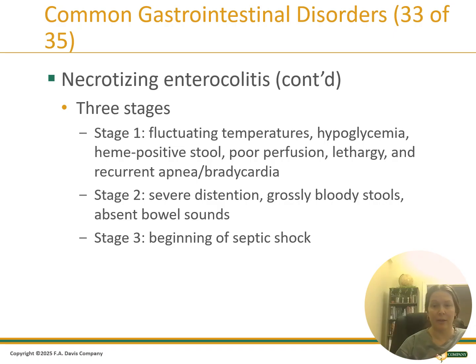They're going to have pretty significant abdominal distension in this, so we don't want to think abdominal distension and apnea and think of reflux. That apnea is going to be your trigger to think necrotizing enterocolitis, because if you reach stage 3, you might have the perforation leading to that septic shock.